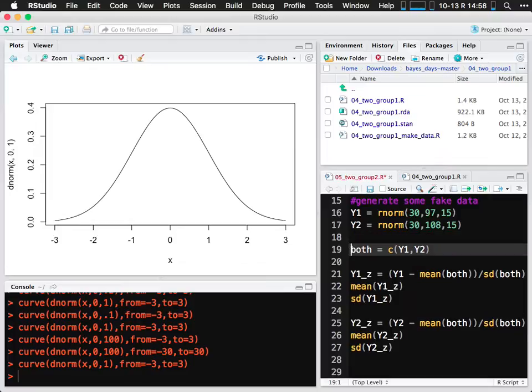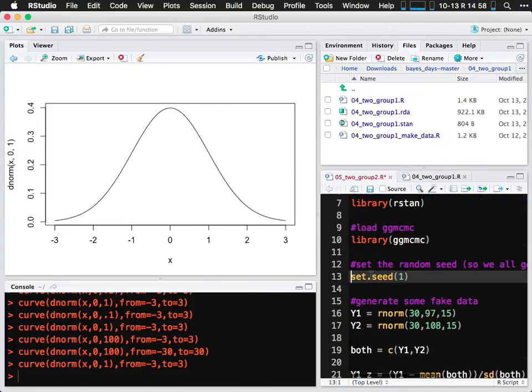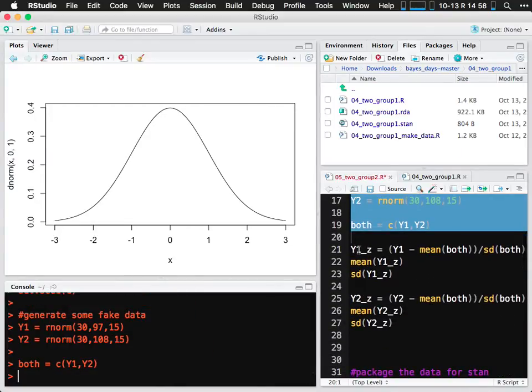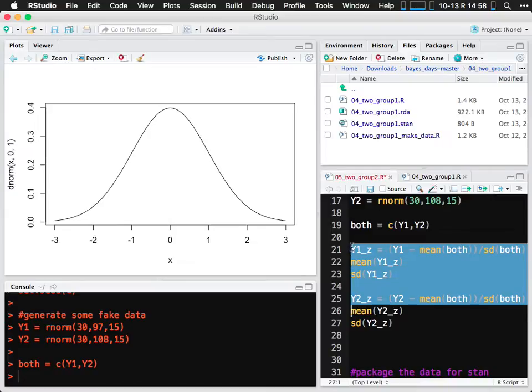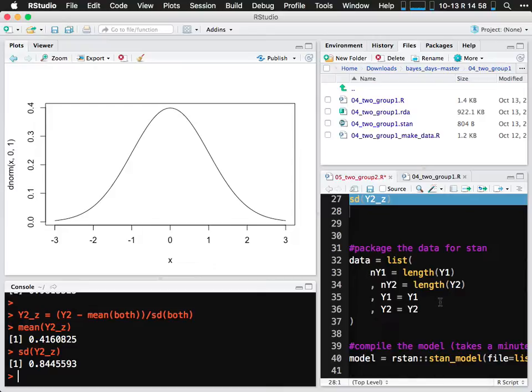So I'm going to generate the data, y1 and y2, create this thing called both, use that thing called both to rescale the data, y1z and y2z. When I package up the data, I want to actually give it y1z and y2z.